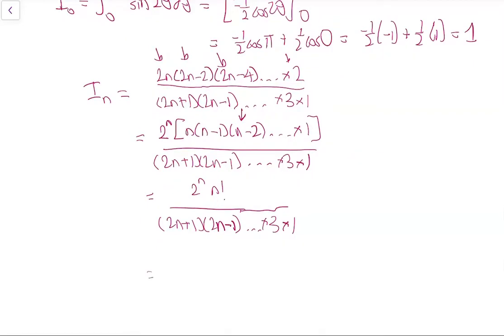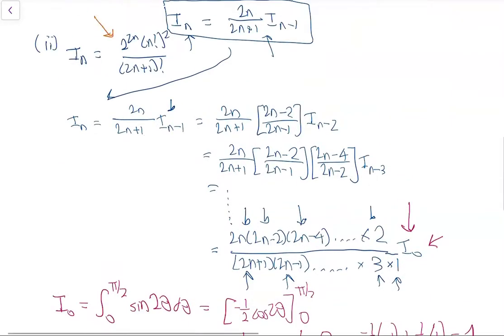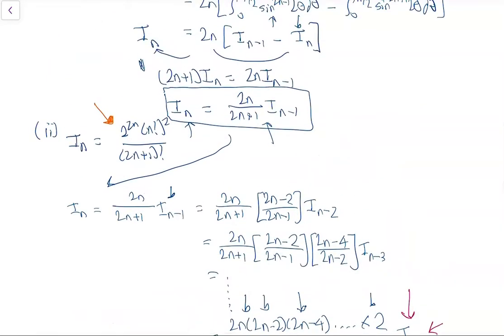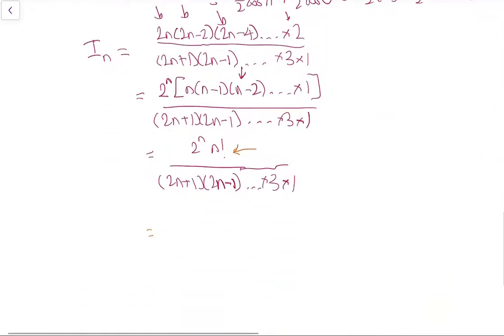So we've got an n factorial here, and we want to prove this thing. We have an n factorial squared and the 2 to the power of 2n, so we look like we're kind of close, but we might have to do one more step.